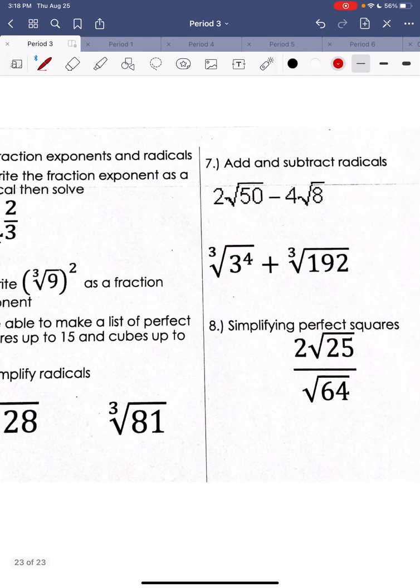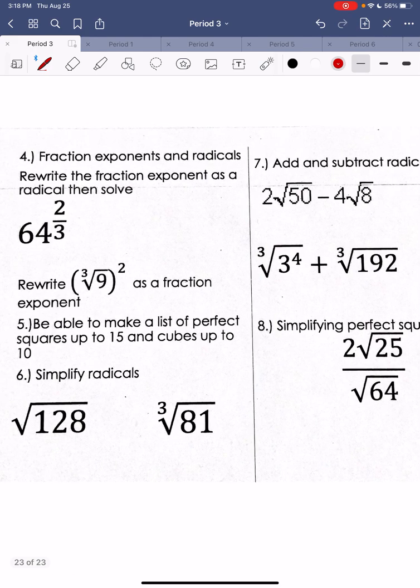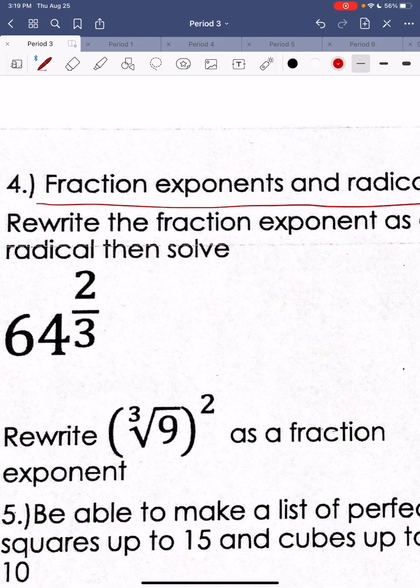All right, on the back, some other things you're going to have to remember are your fraction exponents and radicals and how they're related. So you could kind of relate these two things to each other. You could rewrite 64 to the 2/3 power with 64 being on the inside.